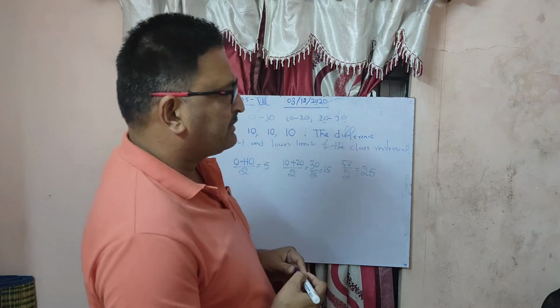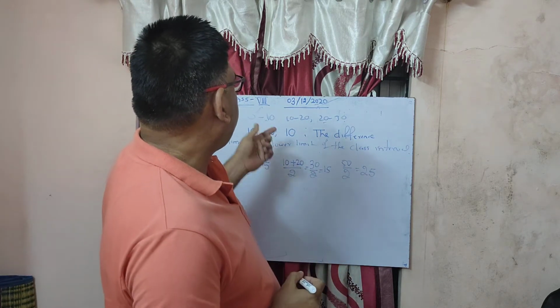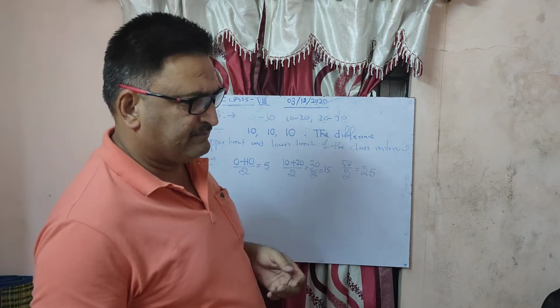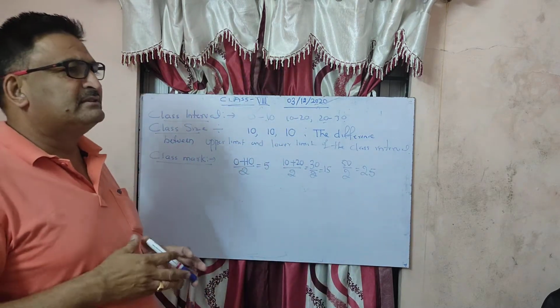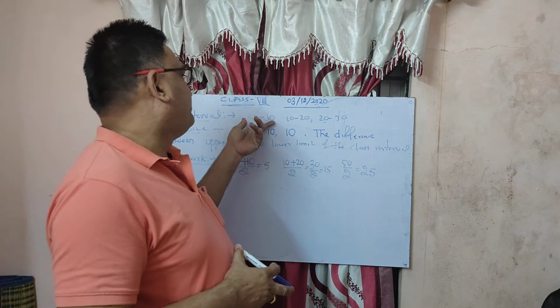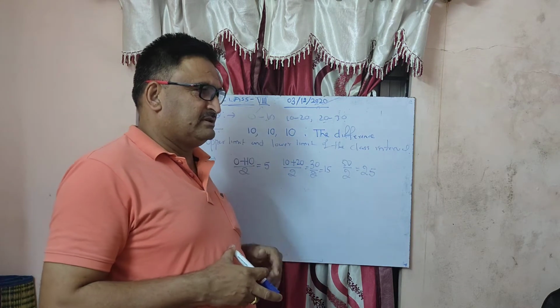Class mark, you can say, is the mid value of the class interval. It is the mid value, midpoint. Sometimes you can say midpoint of these two numbers.